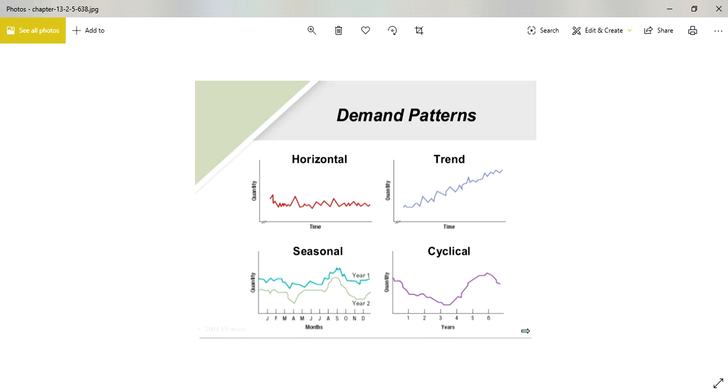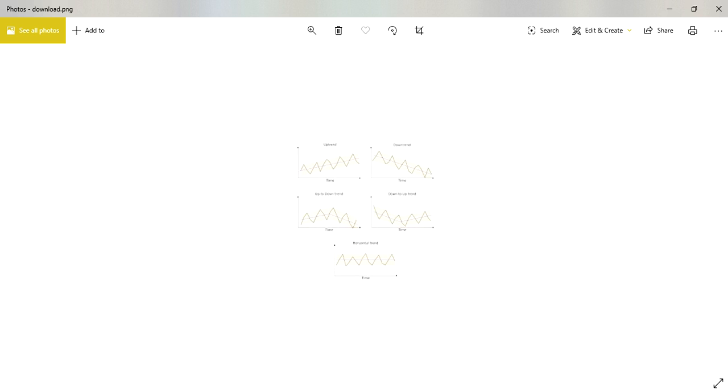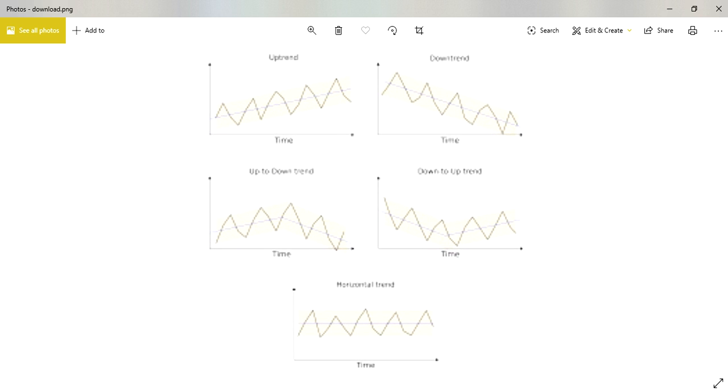Okay, and also we have trend and seasonal together, like this data. Okay, it is seasonal, but it's upward. Okay, this is downward and seasonal. Okay, together. So those can be combined in one series.